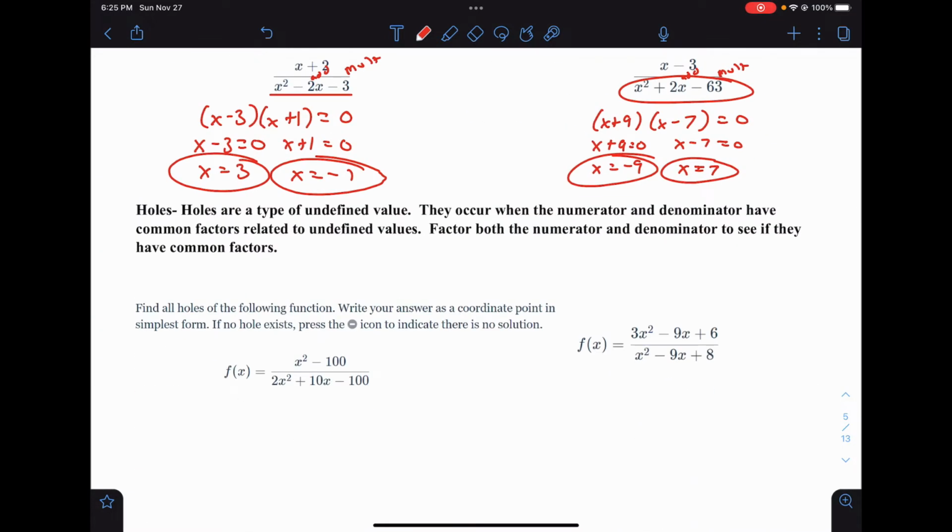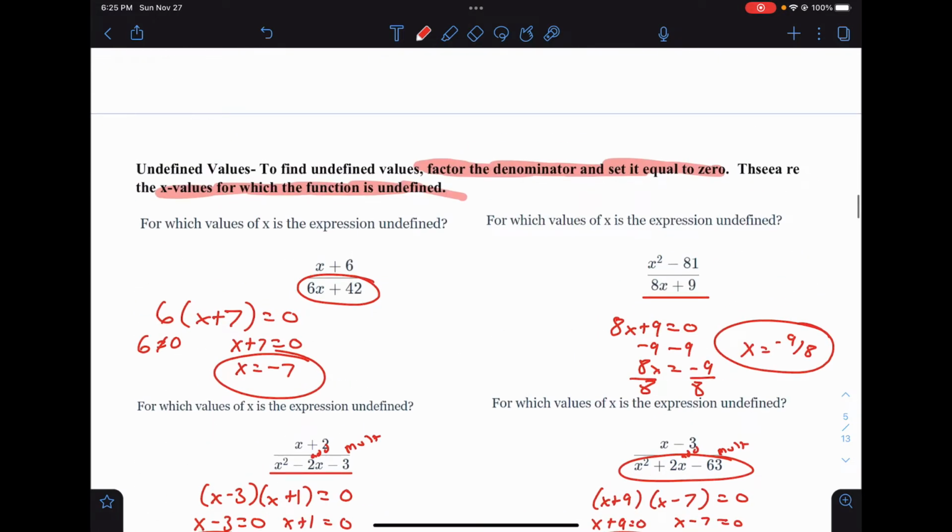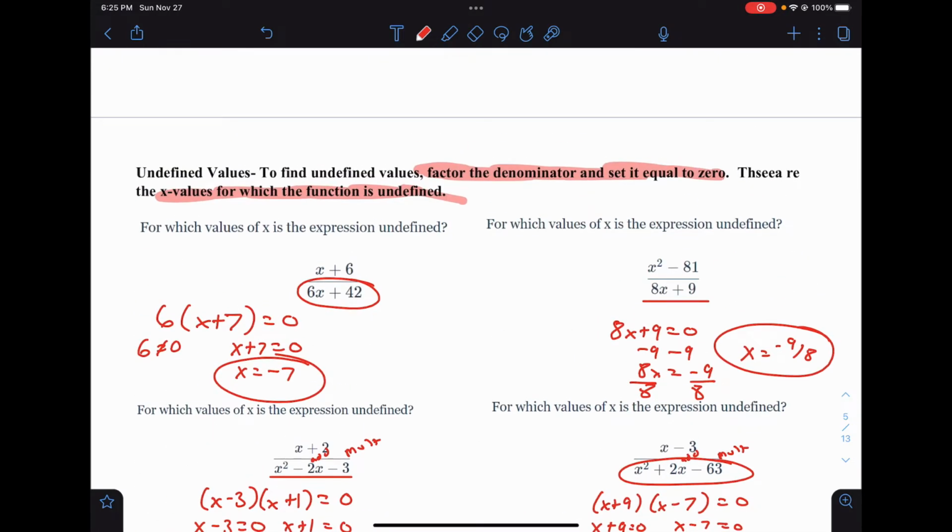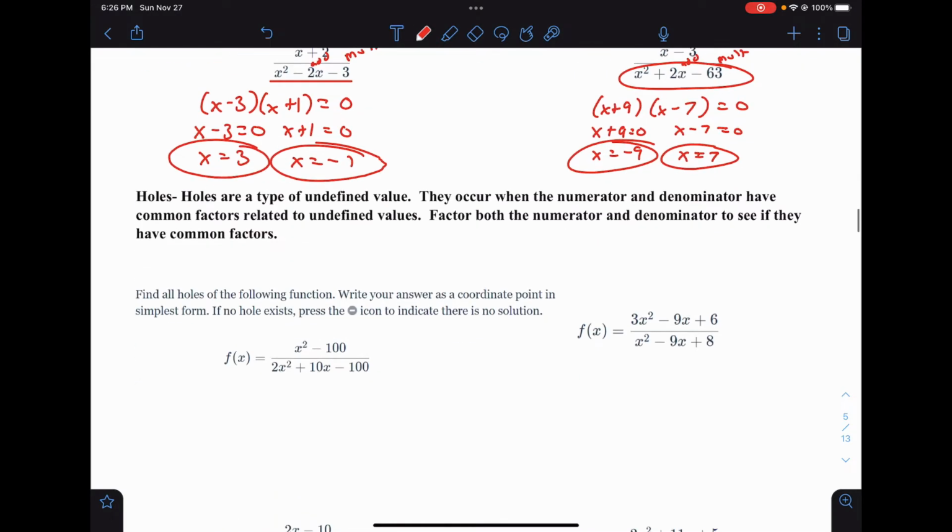All right. So basically what we've done so far is talk about how to find undefined values. Now, there are 2 types of undefined values that we're going to be dealing with. One is going to be a hole, and the other is going to be an asymptote.